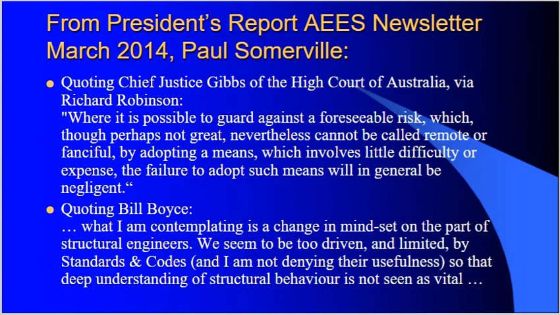There was a paper written by Richard Robertson. It was published in the Engineers Australia magazine. This was from a couple of years ago, which was saying that the codes focused on reducing estimated risk to an acceptable level were not consistent with the legal requirements.